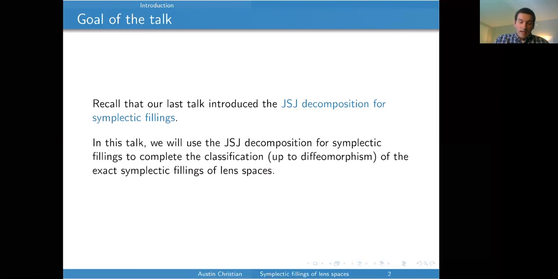Our goal today is to use that result, this JSJ decomposition for symplectic fillings, in the case of fillings of lens spaces. So we want to complete this classification of fillings problem, up to diffeomorphism.